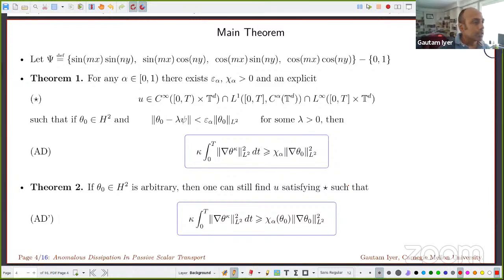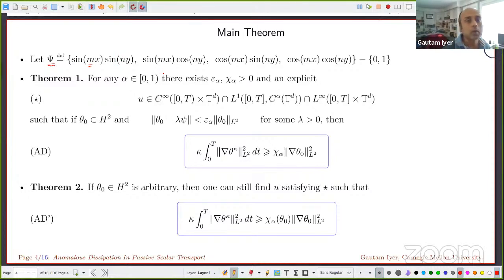In the first example, let me go through this slowly. I'm defining capital psi to be the set of all pure harmonics, either sin x sin y times a frequency, or cos x cos y, or some mixture.